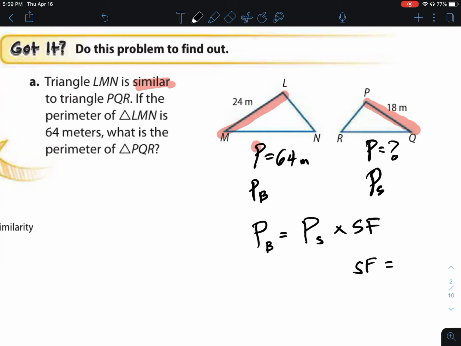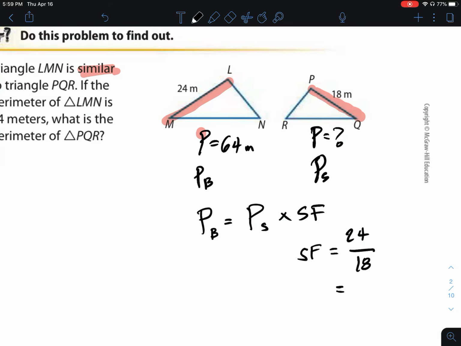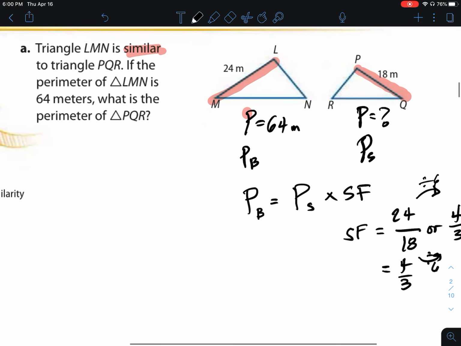We get the length of the bigger triangle, which is 24, over the length of our smaller triangle, which is 18. And if we simplify that, 24 over 18, we divide both sides by 6, which is the GCF. This becomes 4 over 3. So the scale factor is 4/3.